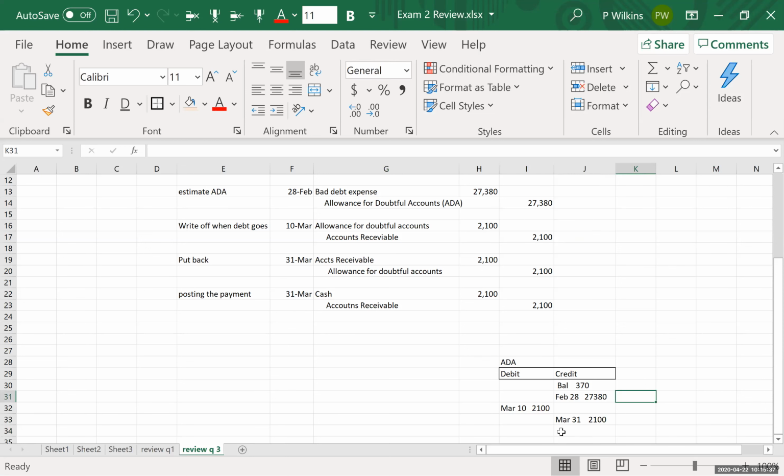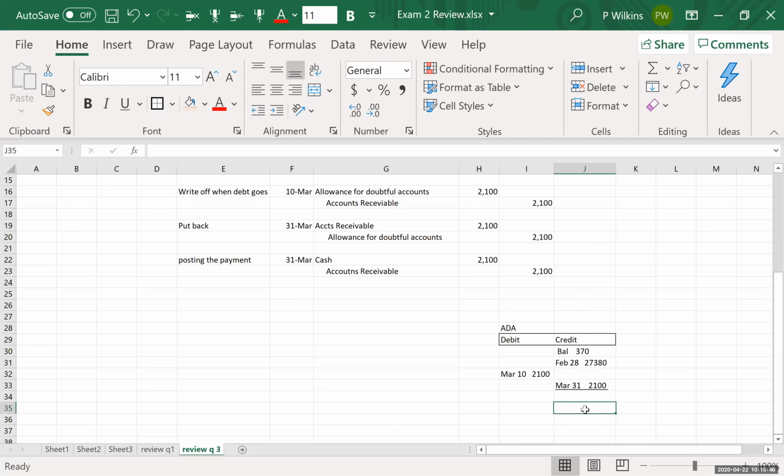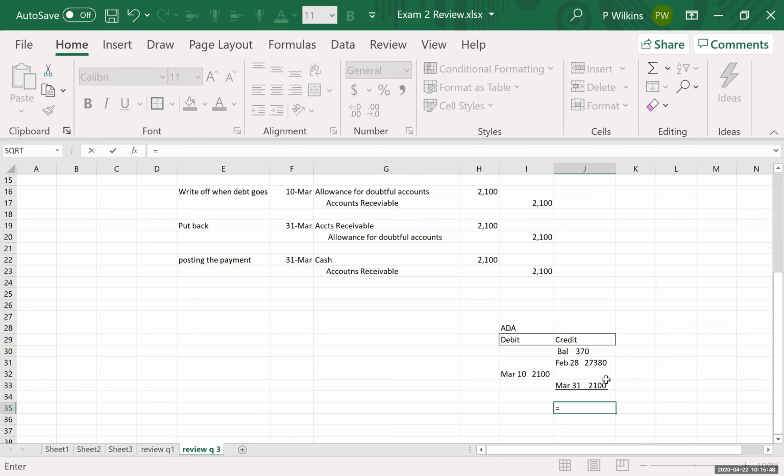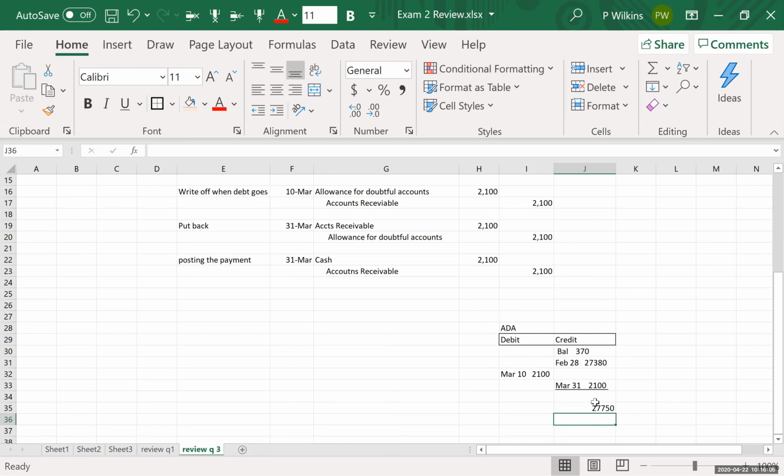That's it. So our balance is going to be adding up all of the credits and subtracting the debits, because that's how we do the balancing of the account, right? We take the larger side, we add all those together, and then we subtract the smaller side.